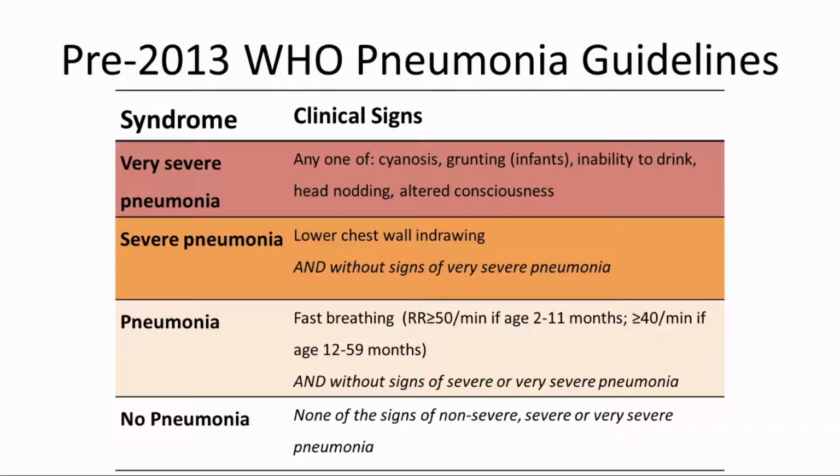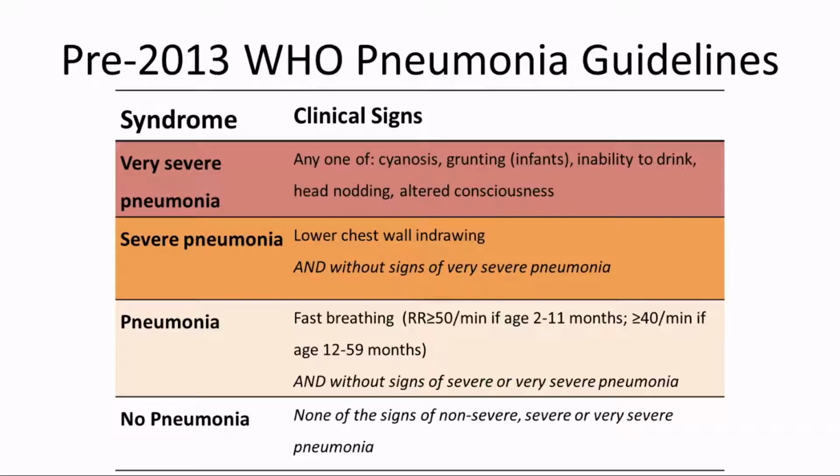So children with severe pneumonia, which include the child who was in the first slide with lower chest wall indrawing, in the absence of the so-called danger signs of children with very severe pneumonia, formed the next level of severity.